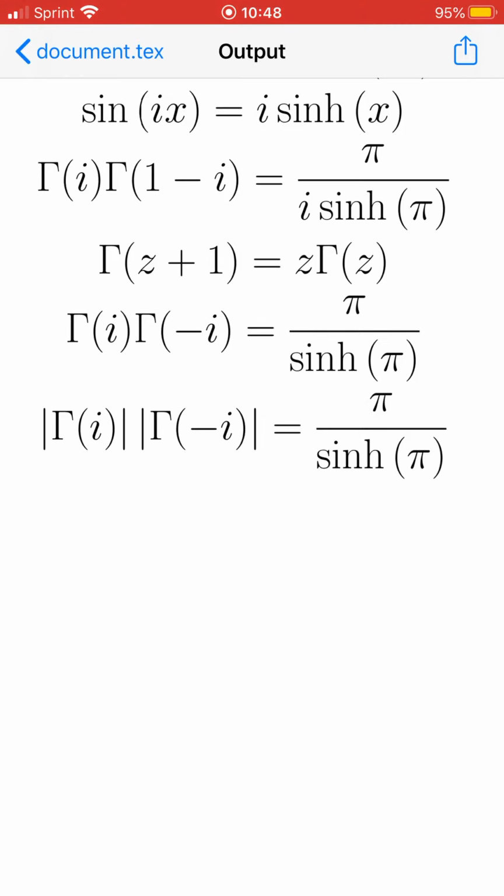And here we're gonna use the complex conjugate property of the gamma function.